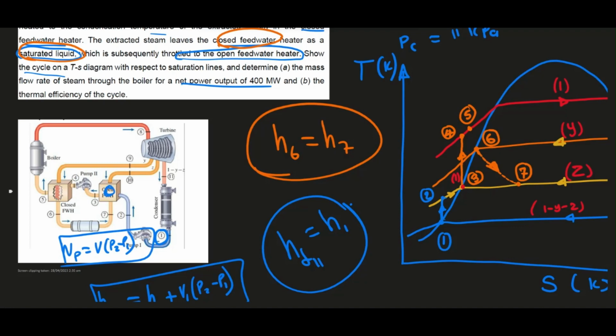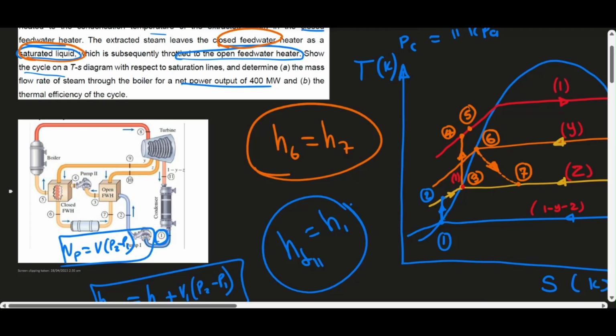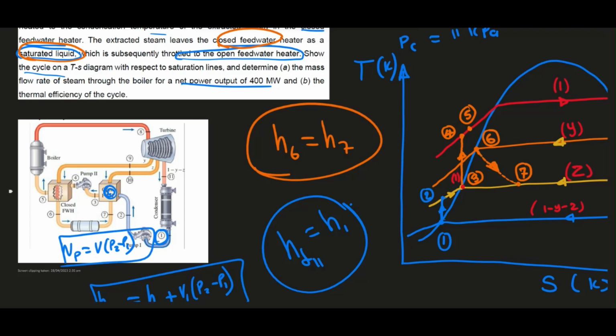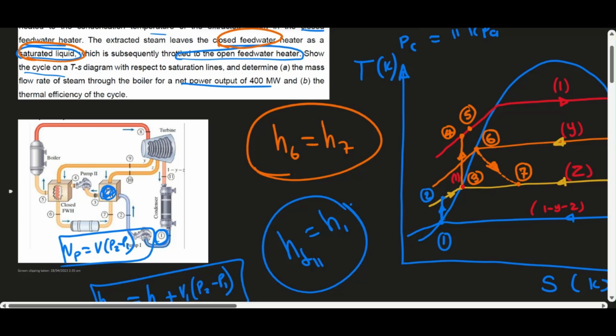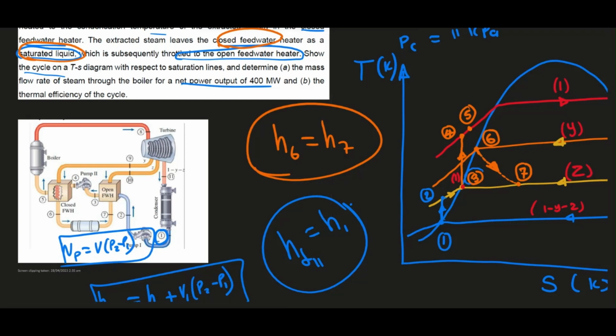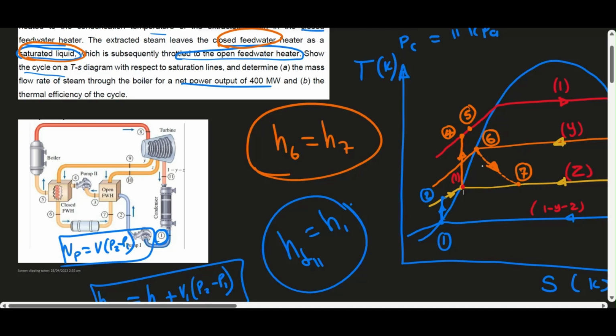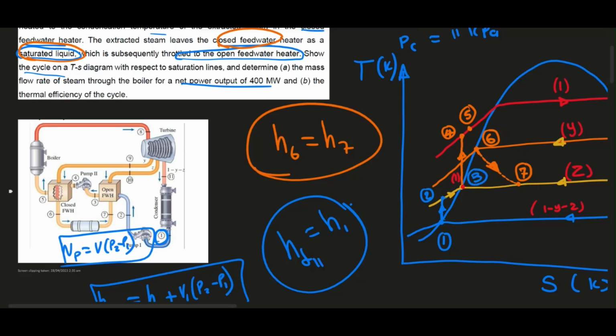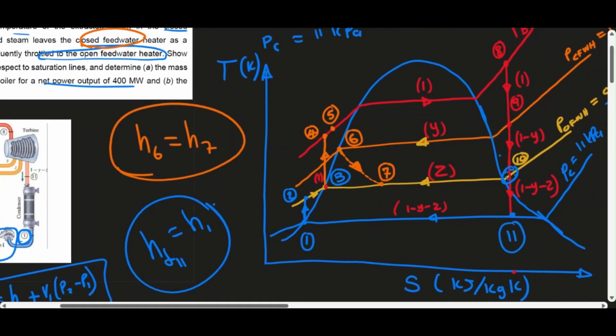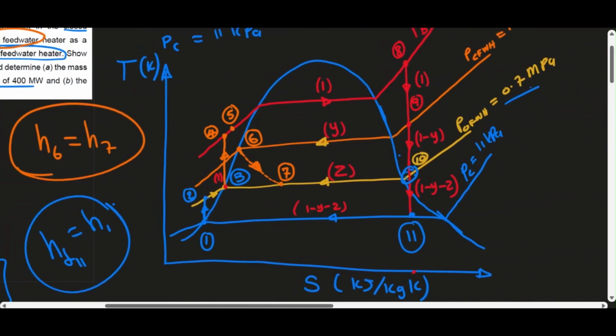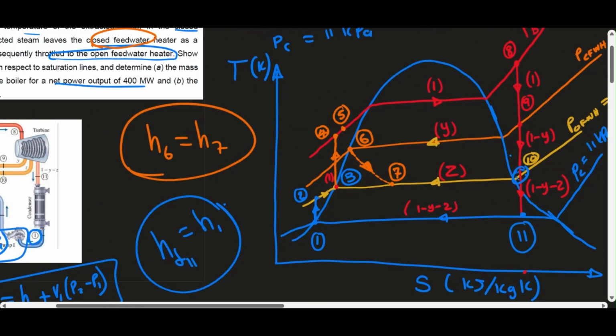What we know about the open feed water heater is that everything that goes in mixes, comes in contact, and then leaves as saturated liquid in this case. So that is a saturated liquid at the open feed water heater pressure. So we have 0.7 megapascal, and we read HF.